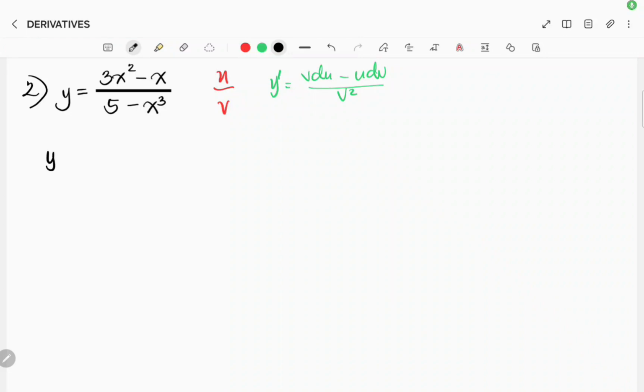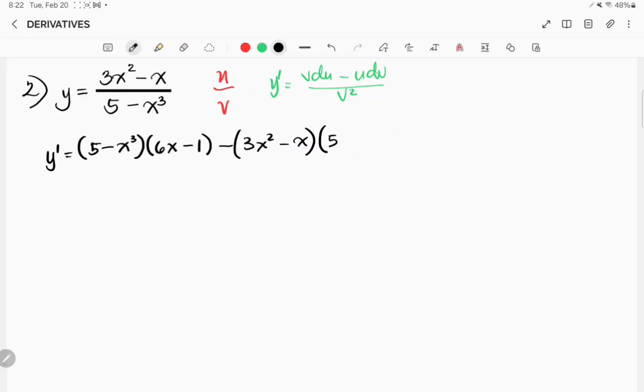So we have y prime is equal to v, which is 5 minus x cubed, times the derivative of u, which is 6x minus 1, minus u, which is 3x squared minus x, times the derivative of v. No, the derivative of v is negative 3x squared over 5 minus x cubed raised to 2.